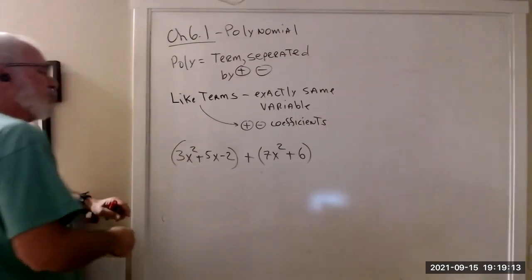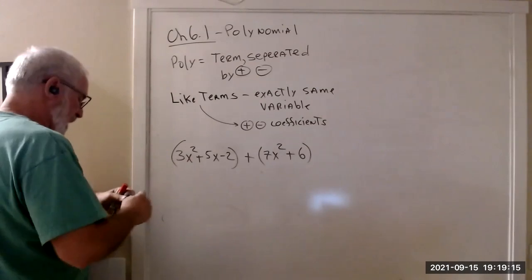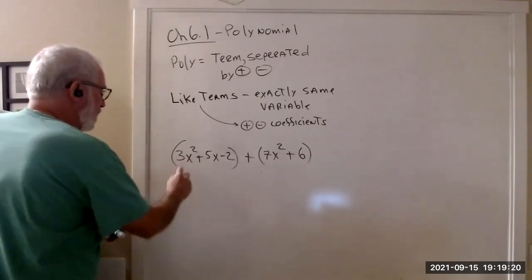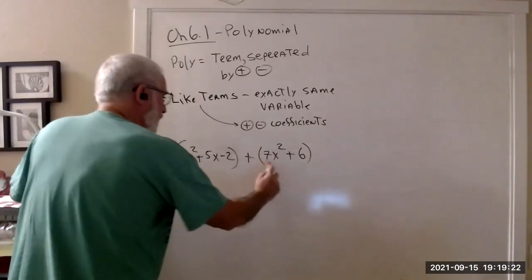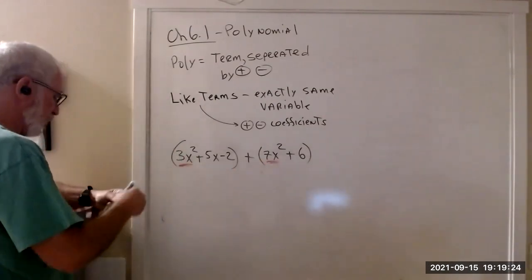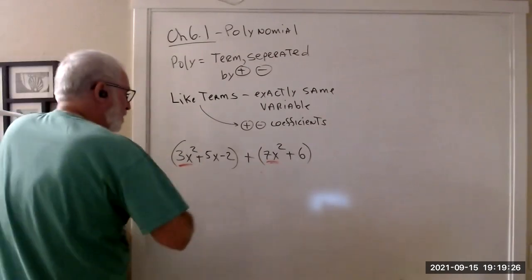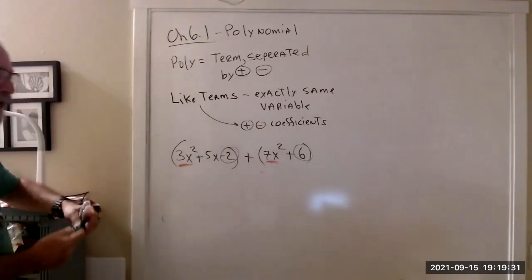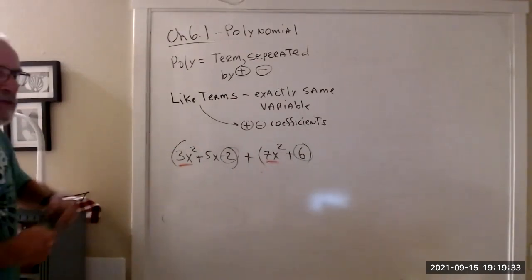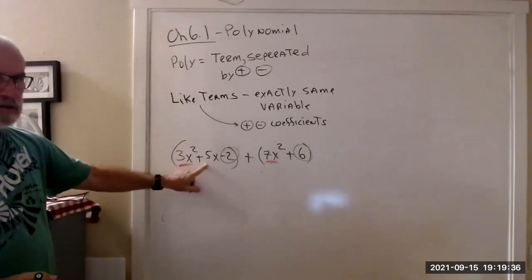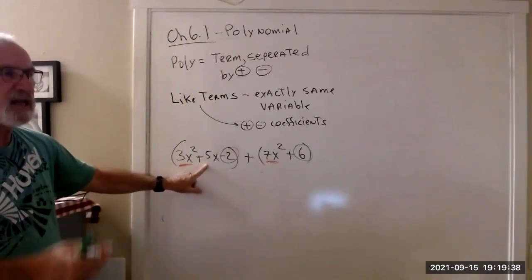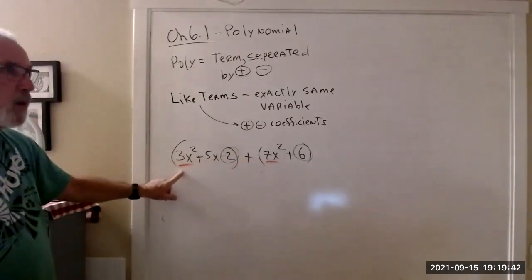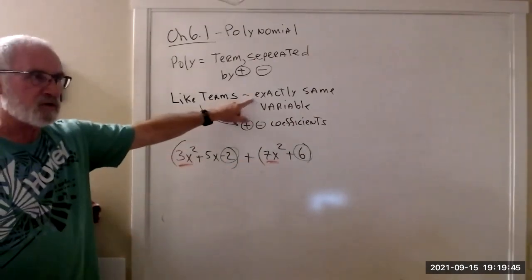So we look here for like terms. And in this problem, 3x squared and 7x squared are the like terms. And the minus 2 and the 6 are also like terms. The 5x, even though it's got an x, it isn't exactly the same as the other ones. They're x squareds. That's what the word exactly means.